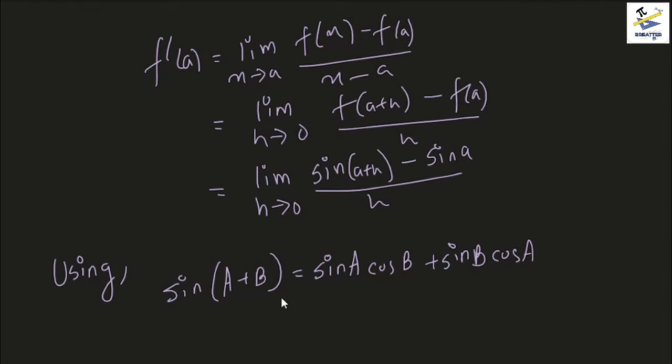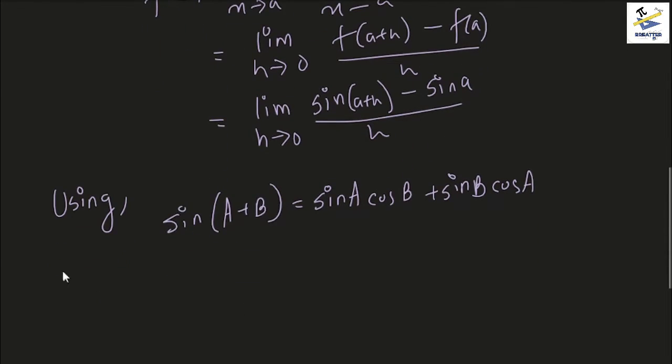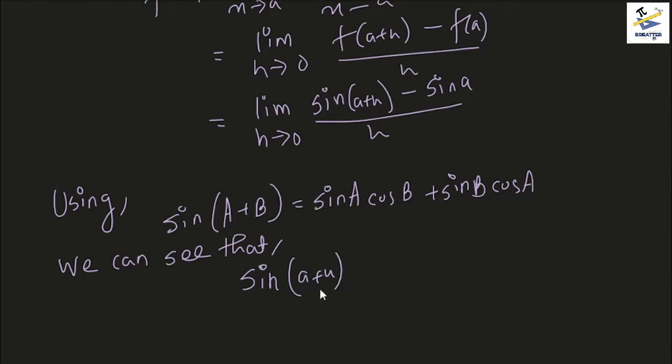So this is the formula, right? So using this formula, we can see that sine of a plus h similarly would be sin a cos h plus sin h cos a.